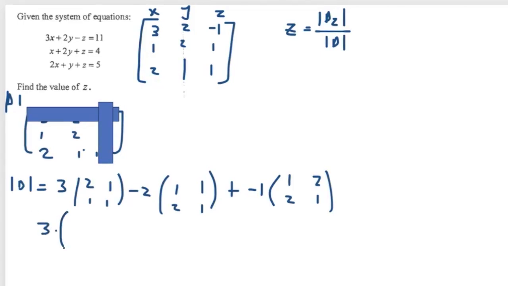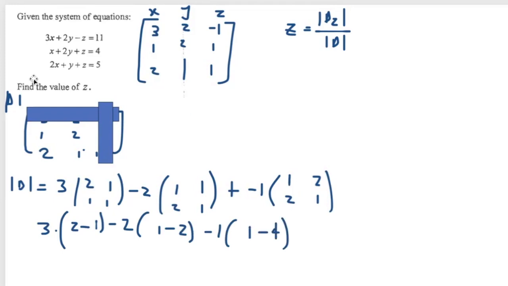Then it would be 2 times 1 is 2, minus 1 times 1 is 1, minus 2. Then 1 times 1 is 1, minus 2 times 1 is 2. This becomes minus 1. And then we have 1 times 1 is 1, minus 2 times 2, that's 4.